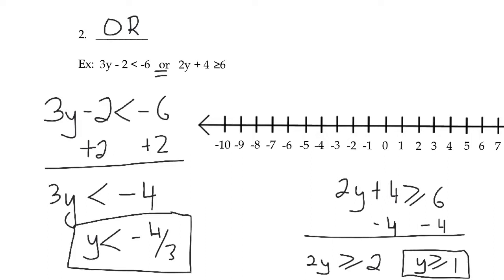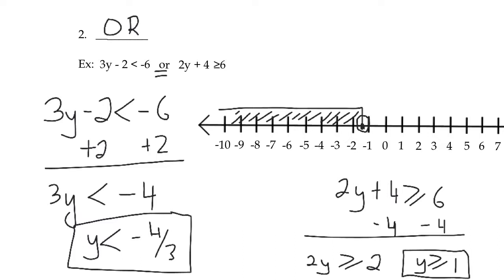Okay, so whatever I circled, I'm going to now graph on our number line. First one is y is less than negative 4/3. Negative 4/3 would be somewhere here. Imagine you divide the space into 3 equal parts, and I'm shading to the left because it's less than. By the way, this should be open circle. Okay, and my solution set is all real numbers less than negative 4/3.